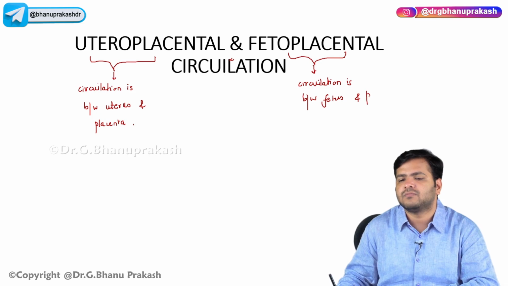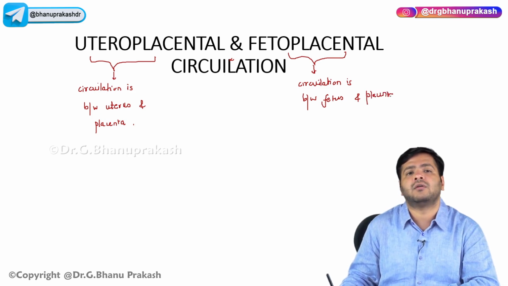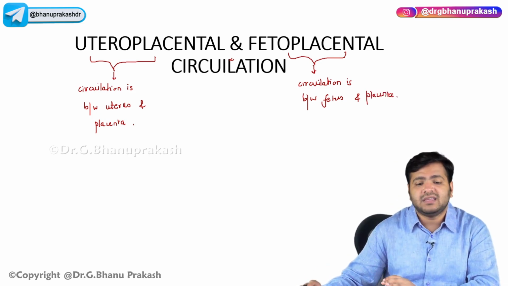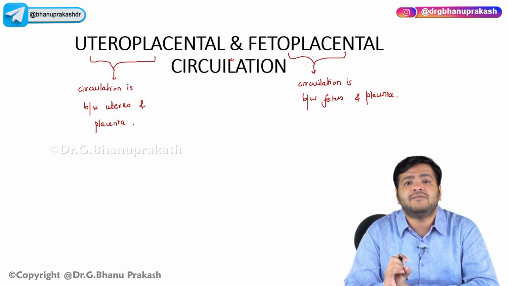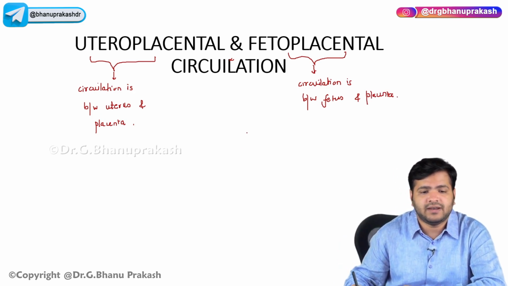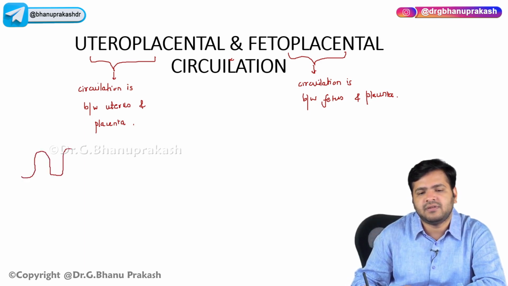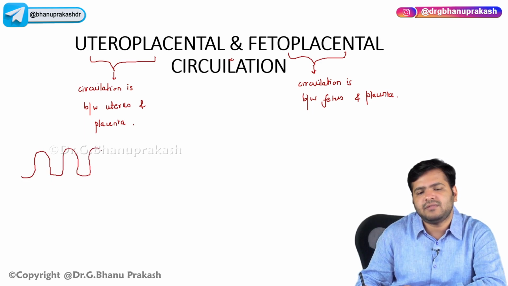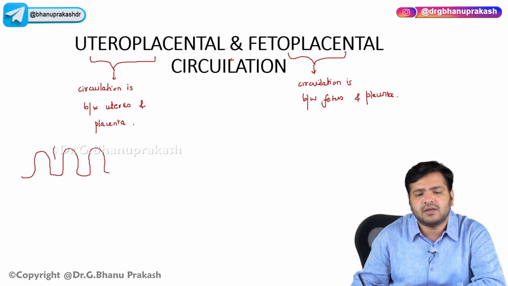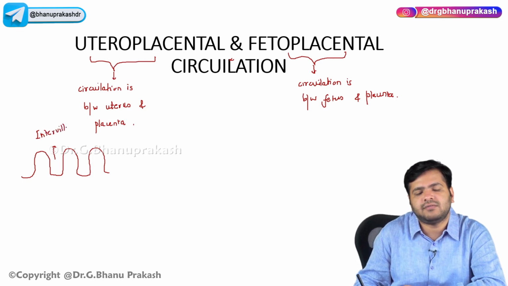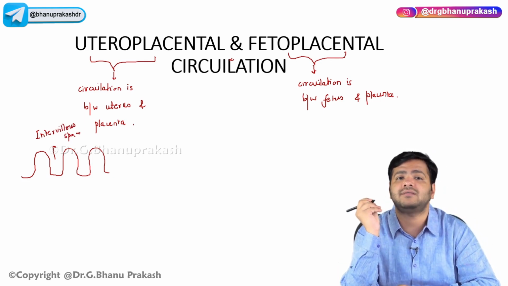Now, remember there is something called the intervillous space. Let us suppose that this is the placenta, and in the placenta we have the villi, and in between the villi is the intervillous space.